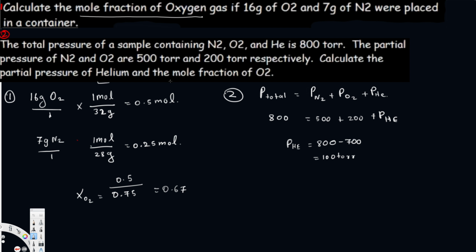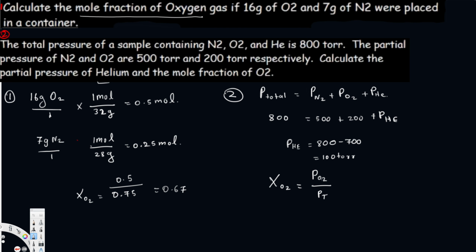And they are asking you to find the mole fraction of O2. Okay, xO2, mole fraction. To find the mole fraction, usually we use the total mole of this one over the total mole. That's what we use. But when we have pressure, what do we use? There's another formula: the partial pressure of O2 divided by the total pressure also gives you the mole fraction.